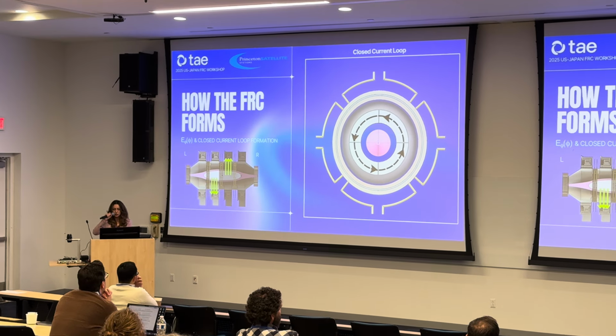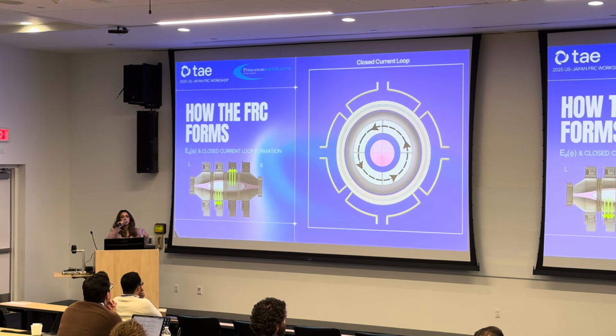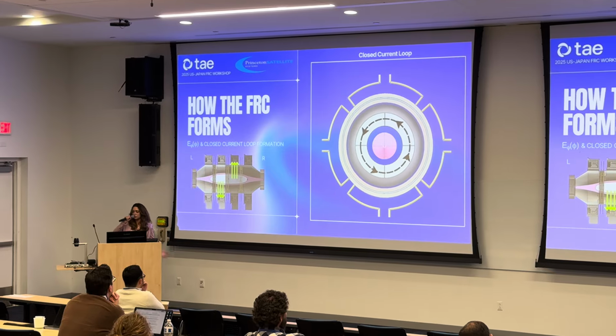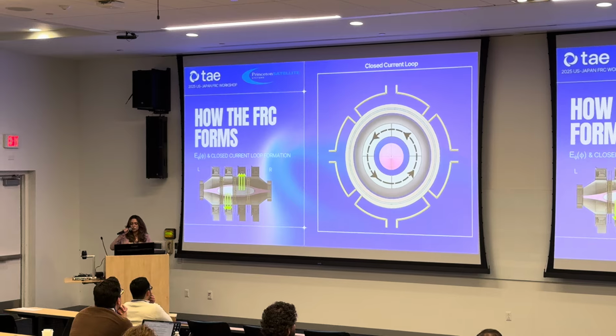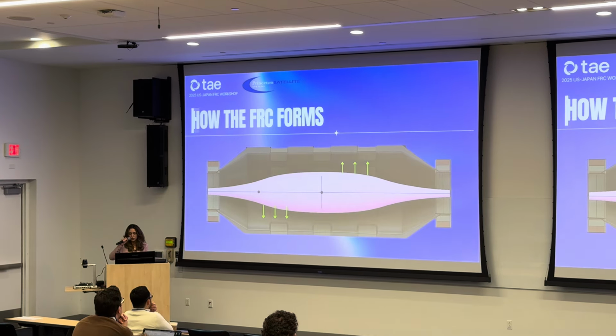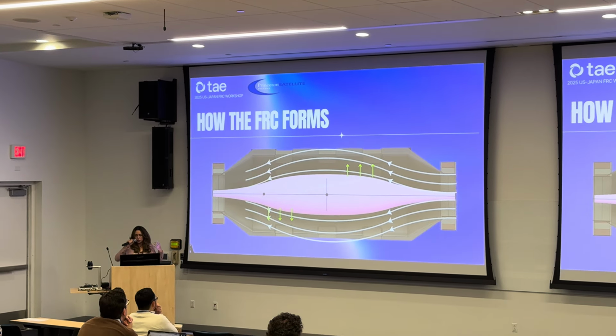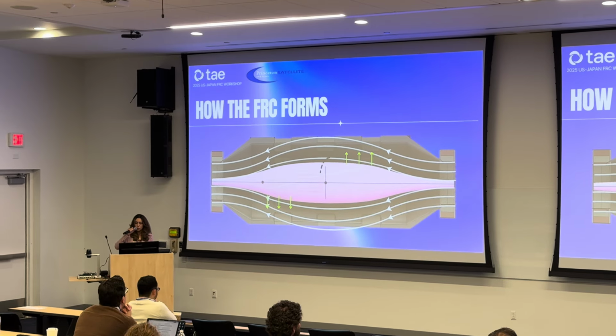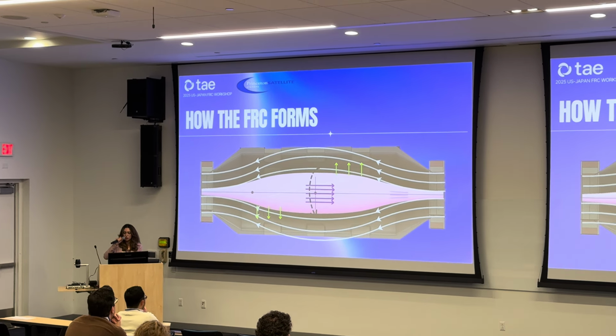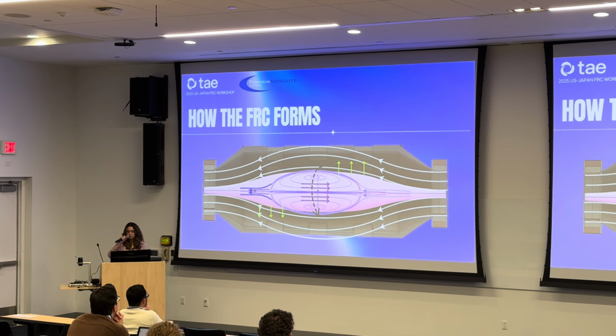The reason for this is that it would respect the parity of the FRC, as Chris mentioned before. So this induces the current loop, which, taking into consideration the background mirror field, would be generating a poloidal magnetic field in the opposite direction.